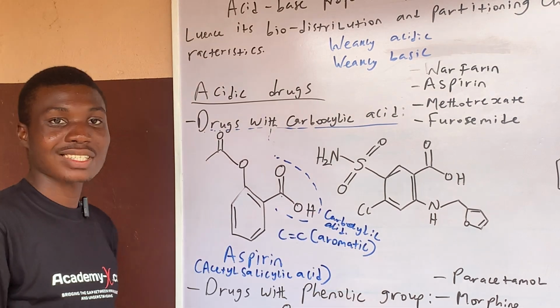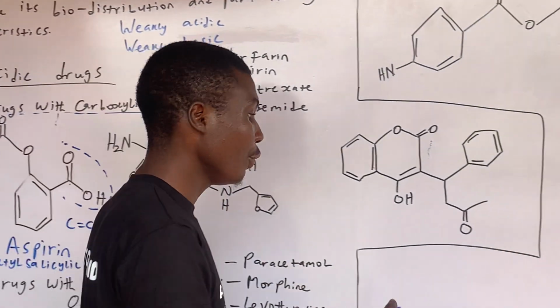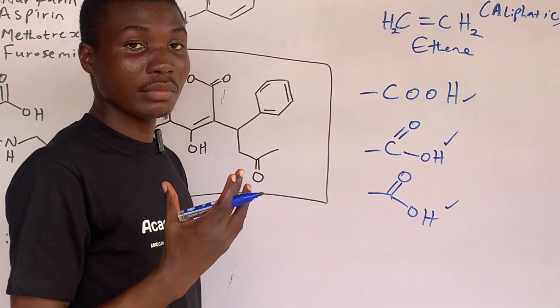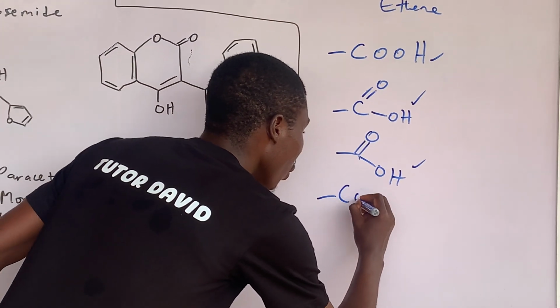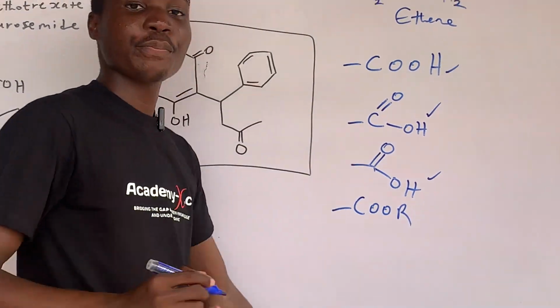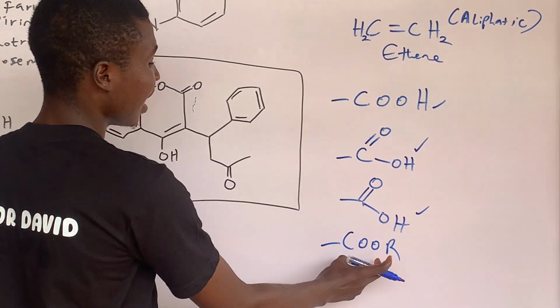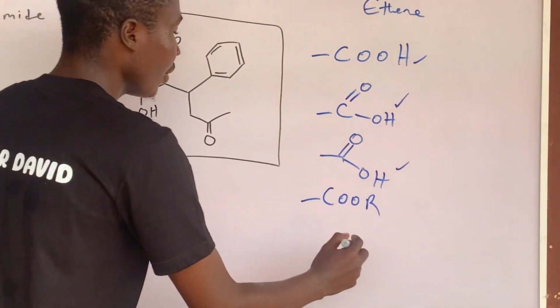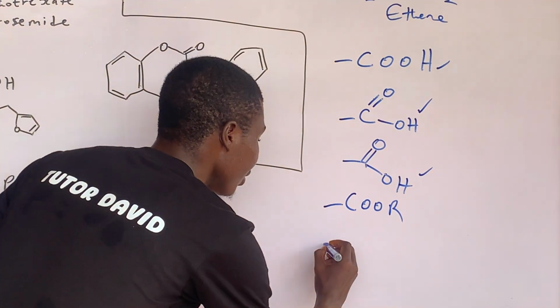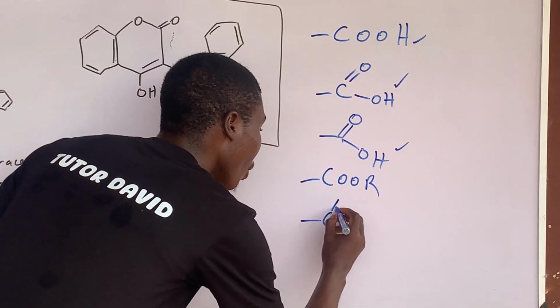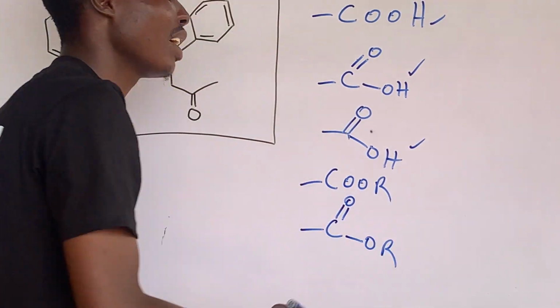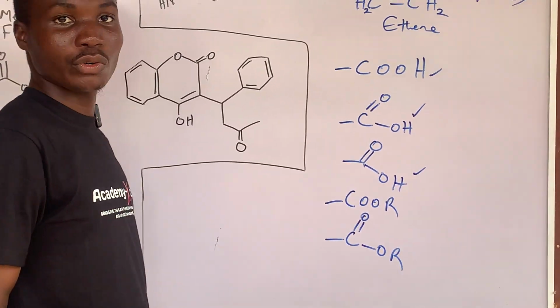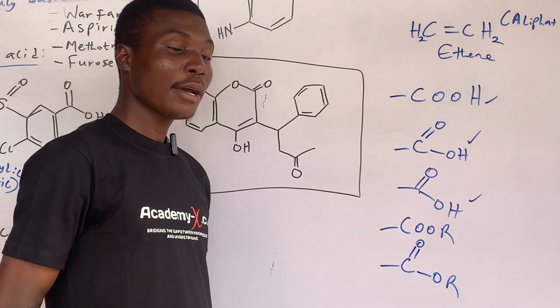So let me show you what an ester is like. If you check out the functional groups, the ester group will most likely be represented as COOR. In terms of structure, this is C double bonded to O, and then R. R can be an aryl group or alkyl group, just any carbon chain from there.